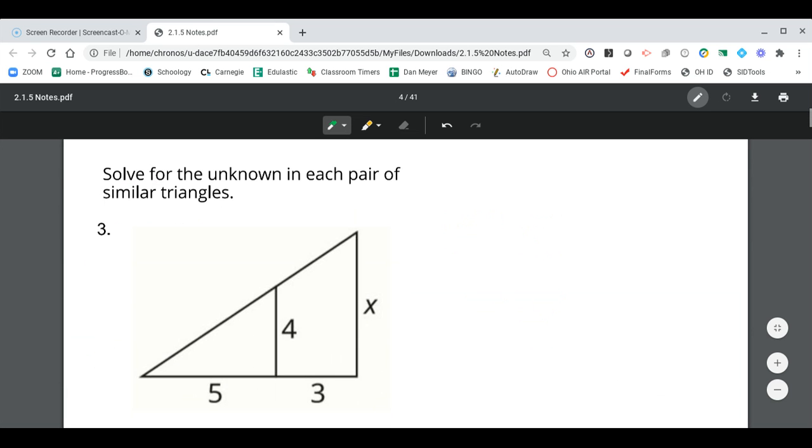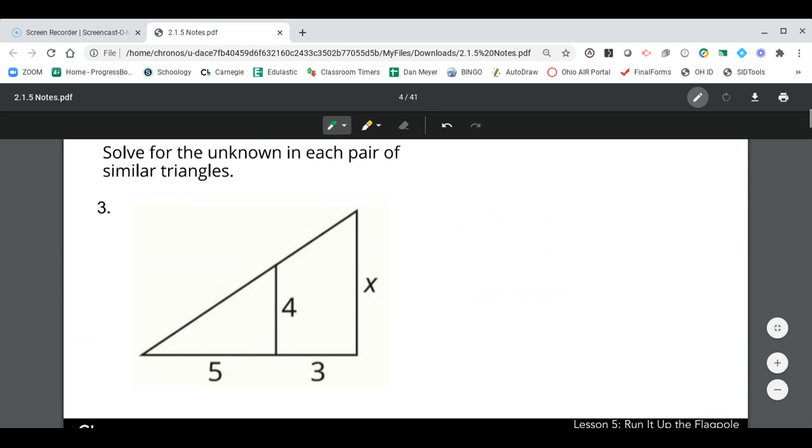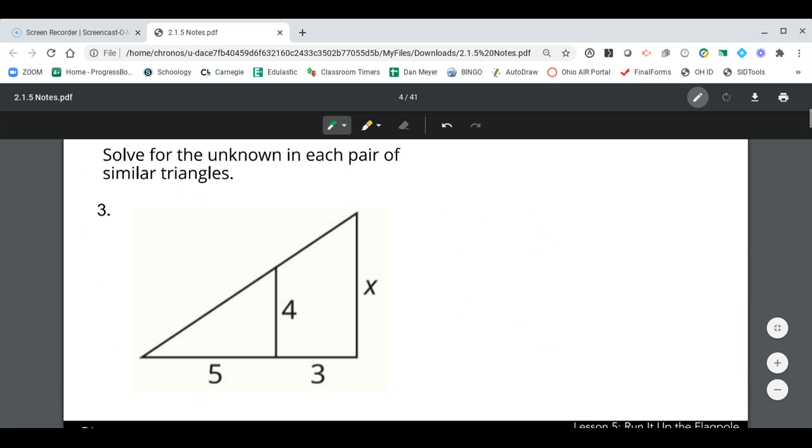Last one, question 3. So I prefer to separate my triangles out when they're overlapping each other. And then that helps me calculate the length of the larger triangle more accurately. So the bottom side of the small triangle is 5. The bottom side of the large triangle is not 3, it is 8, because you are adding all of the bottom, the segment of 5 and the 3-unit long segment.